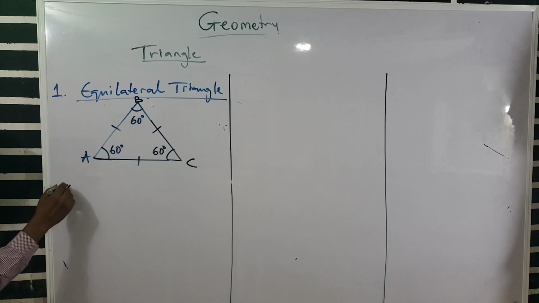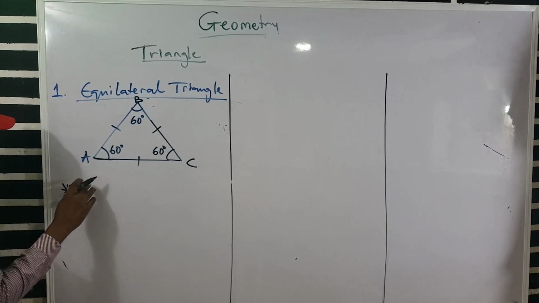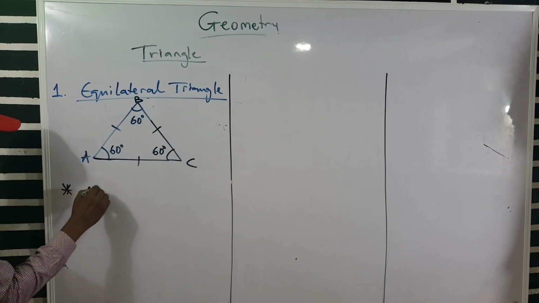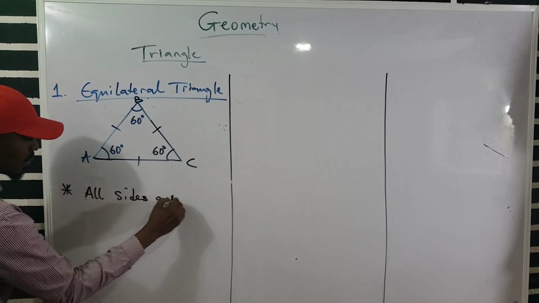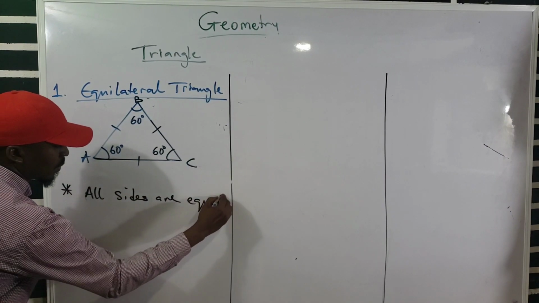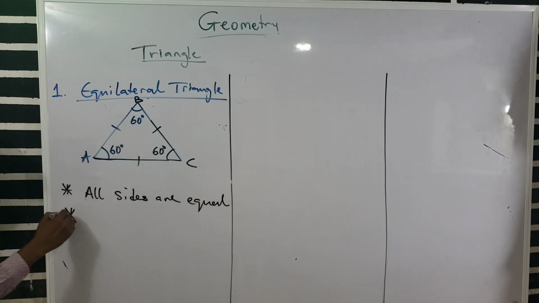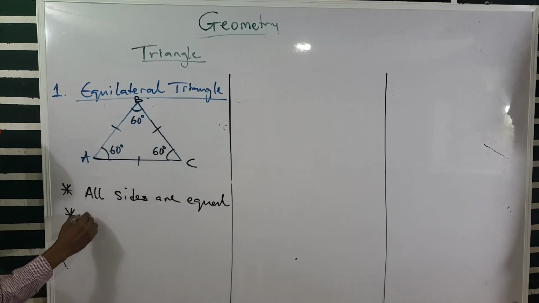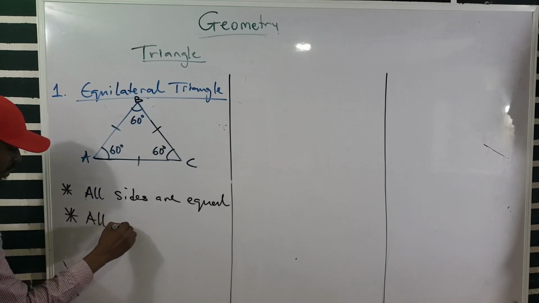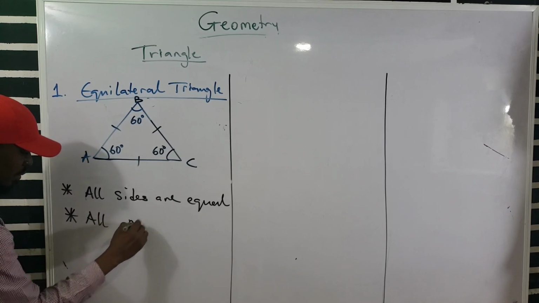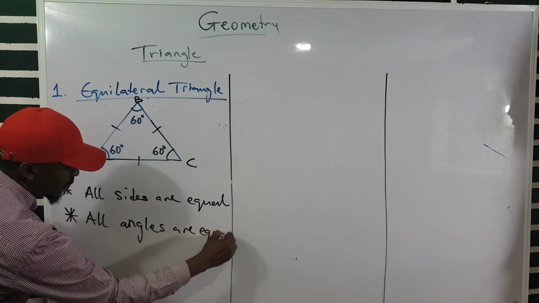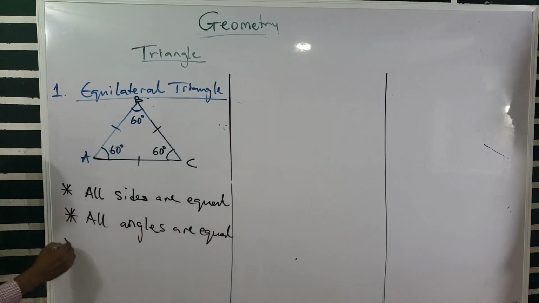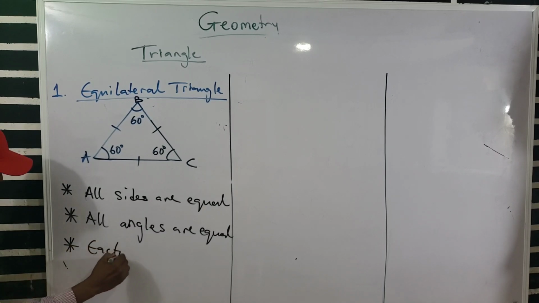First of all, all sides are equal. Then all angles are also equal. Each angle is 60 degrees.